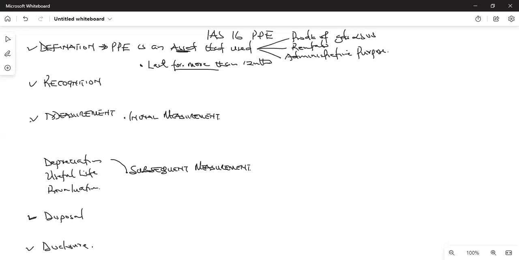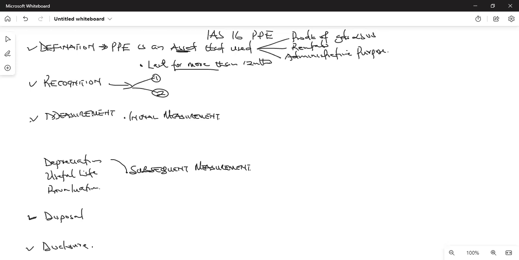Now, the recognition criteria. Every asset has 2 basic recognition criteria. Please, who can tell me one? This is revision, level 2 revision. So if you have ever done it, I just want to give you the opportunity to recap some of the things.